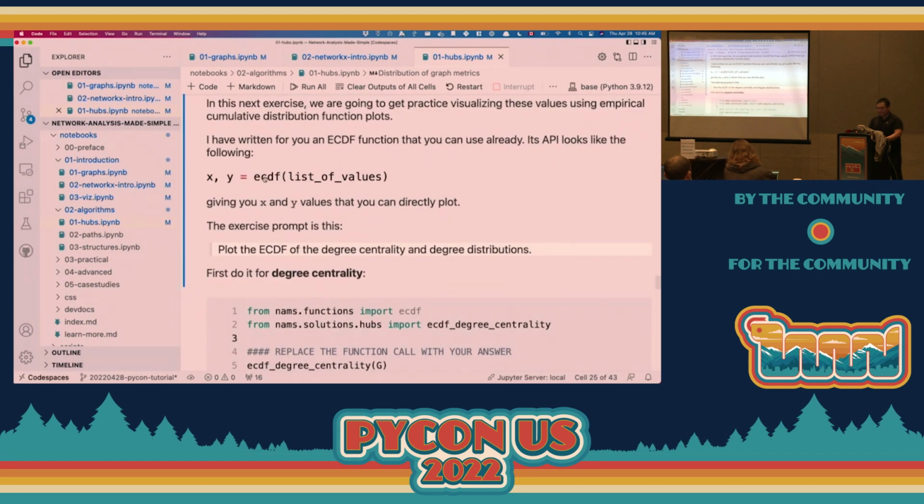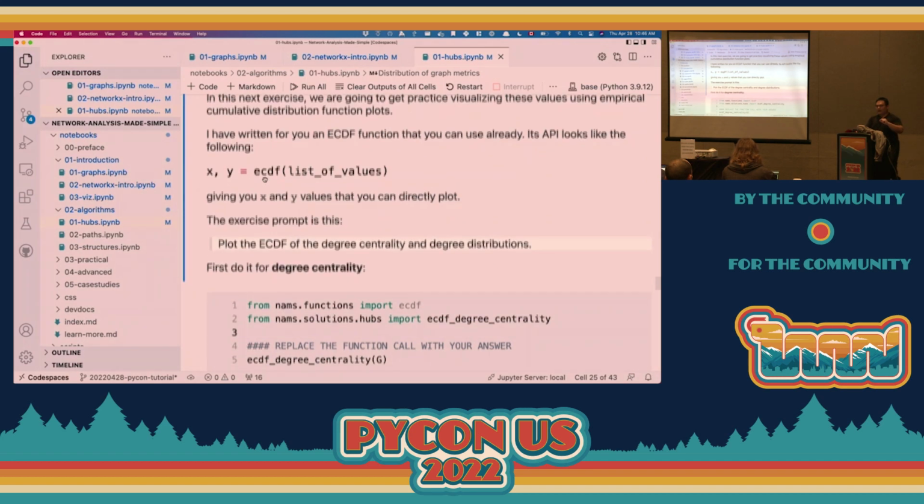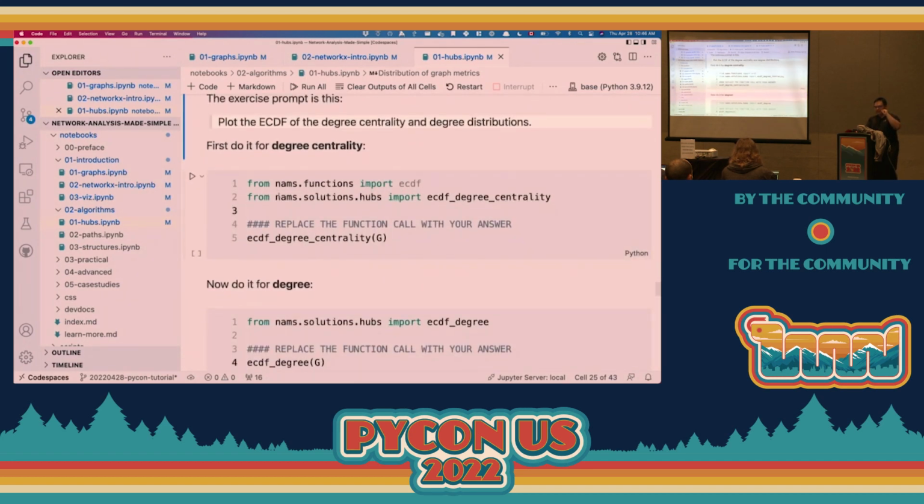Inside this next exercise, we have a function called ECDF that will return exactly the values in sorted order and the cumulative fraction that you need to be able to plot. So what I'd like you to do first is attempt the exercise, probably 2 to 3 minutes, and use that to plot the degree centrality distribution. I will then explain, once we have the degree centrality distribution plot up, why ECDFs are so awesome.